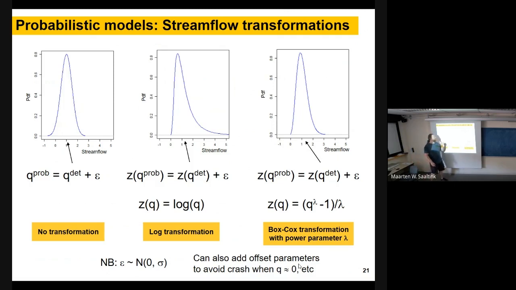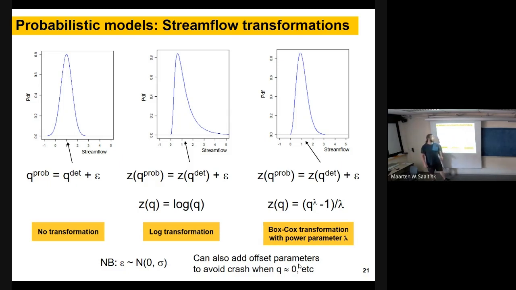It's generally speaking preferable to use streamflow transformations, for example, the logarithmic transformation. And so then we are operating not in the streamflow space, but in the log streamflow space. And then we can assume the errors are, say, Gaussian in that transform space. This is a very common transformation, but again, in practice, there are other choices.